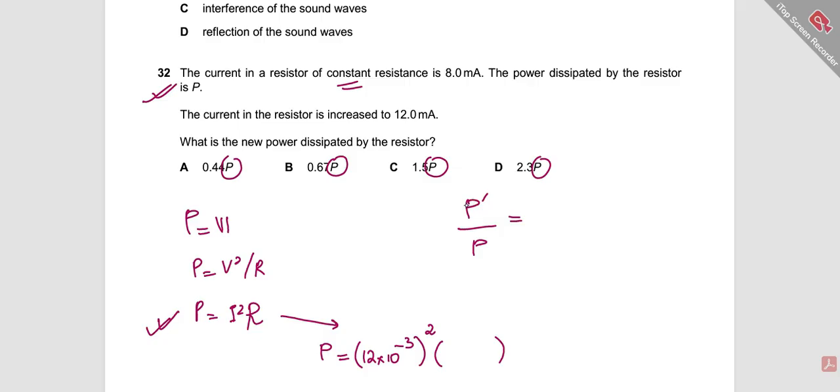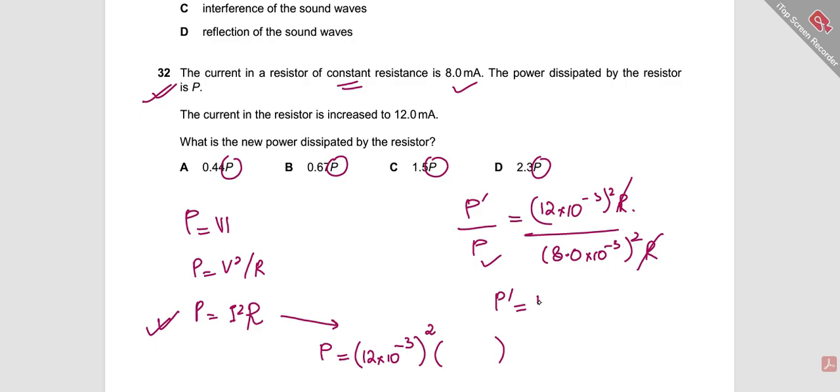So we now place the value of the power here, that is I square into R. In the present case I square is 12 milli, R we don't know, over, and originally when the dissipation was P, at that time the current was 8, so 8 milli square from the formula, and then this R gets cancelled with this R, square square, and you get the final answer, this ratio times P. You divide these two, you get 2.25, and the 2.25 can be rounded off to 2.3. So this becomes 2.3 times the power dissipation when the current was 8.